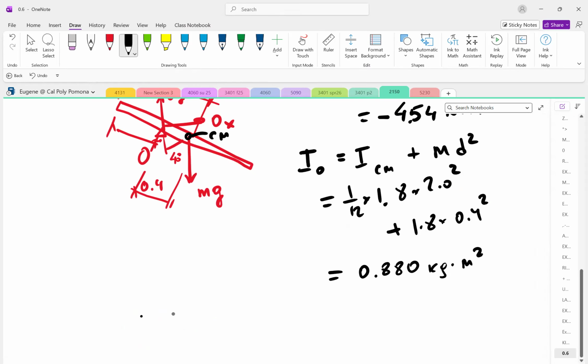So we'll have minus 4.54 equals 0.888 times alpha. Alpha equals minus 5.11 radians per second squared.